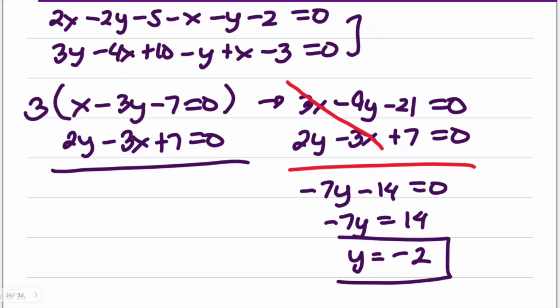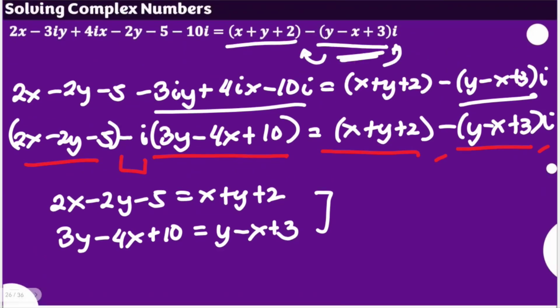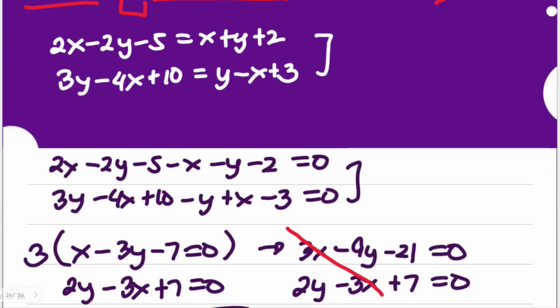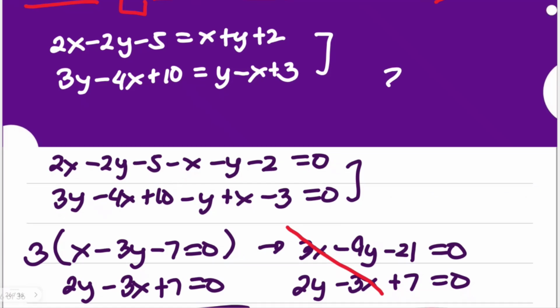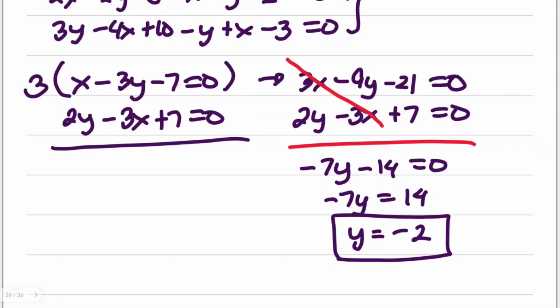This is the component for our y here, which would also be equivalent to the general form of z being x plus iy when we write our solution in the form of a complex number. But let's just simply continue here. Since we now have our y, you can substitute that into either of these two equations.